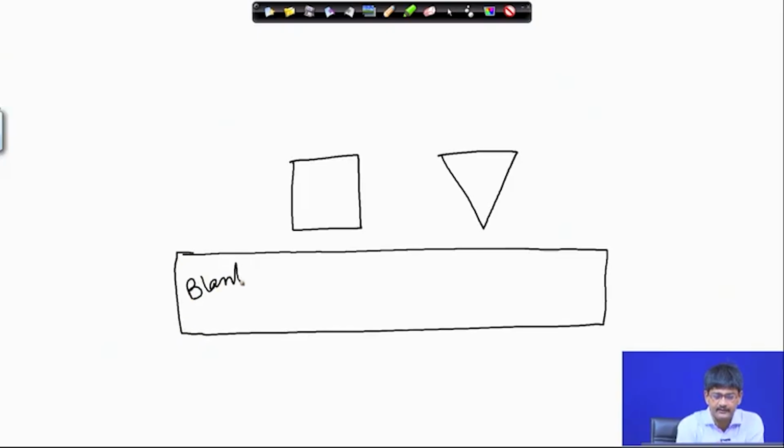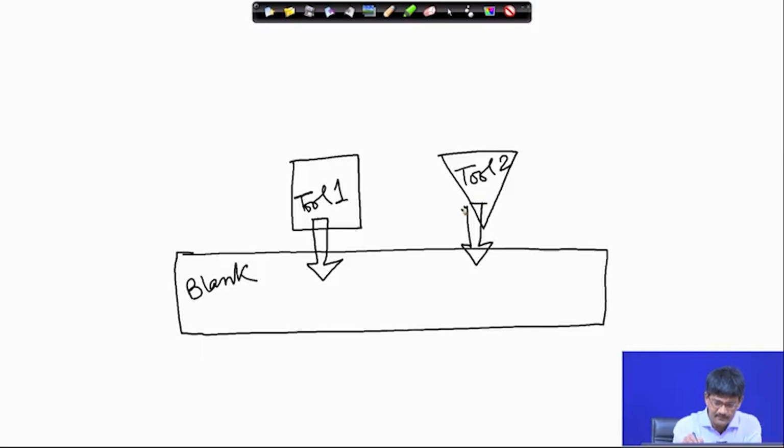This is our blank, and I have tool 1 and tool 2. Among these two tools, I am asked to operate them and remove material. So, what are we supposed to do? We first make one indentation, that is, we penetrate this one inside, this one also inside, and then we produce relative motion.